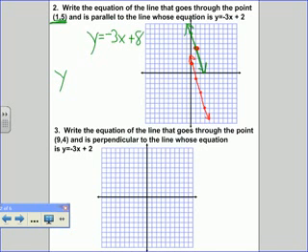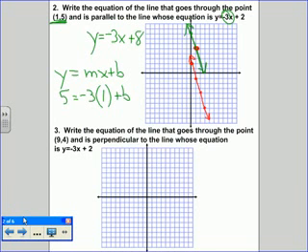In other words, I know I want the same slope as this one because I want it to be parallel. So -3, and then I would put in my x and y. My y is 5, my x is 1. Okay, that'd be another way to figure out your y-intercept. Okay, let's take a look at this example down here.